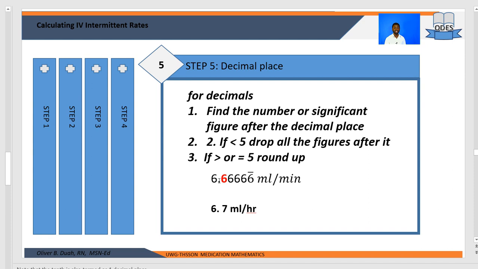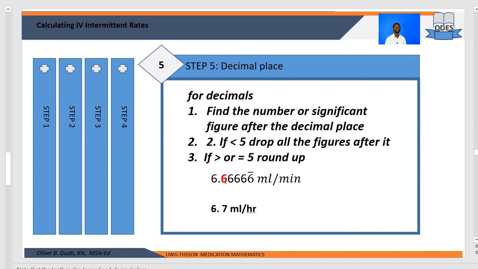Then if this figure is less than 5, we are just going to drop all the other figures after that figure. However, if it's greater than 5, then we are going to round it up. So as we can see, 6 is greater than 5. It means that we have to round it up to the next number.